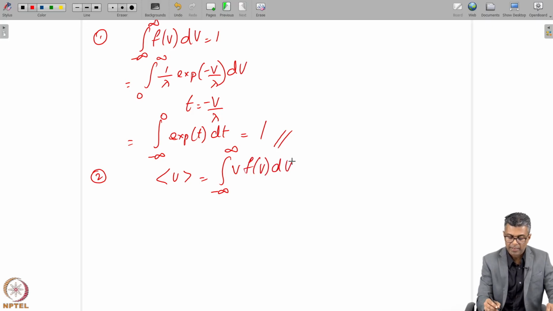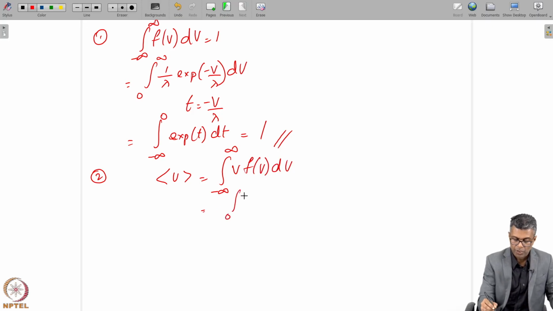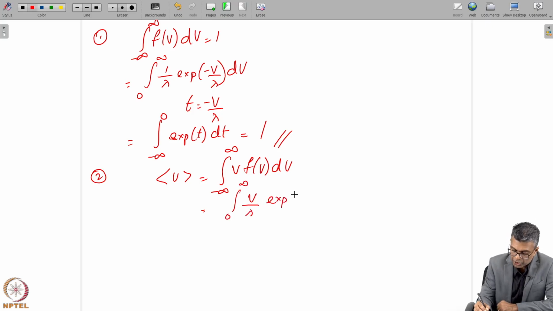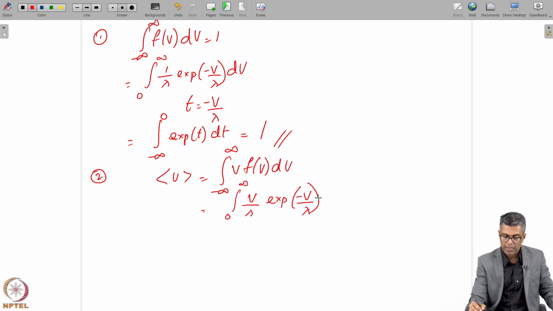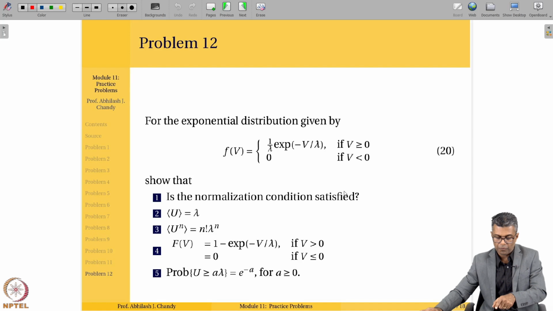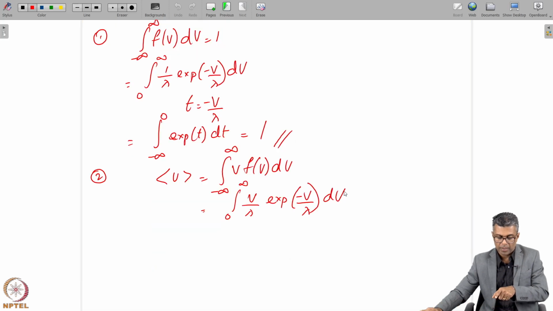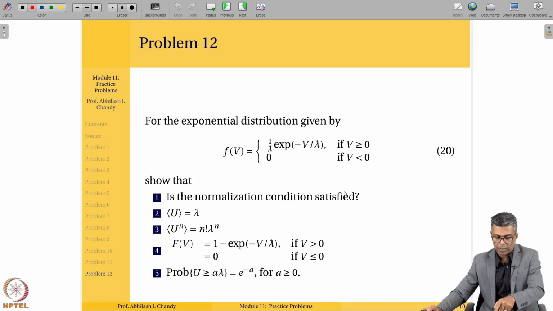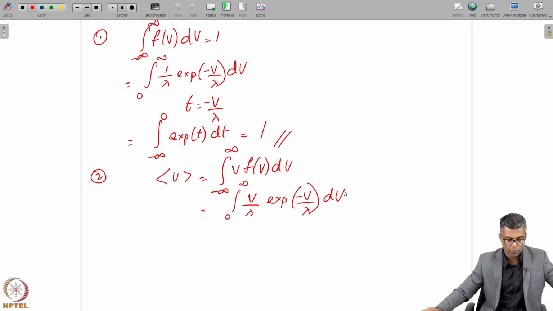So using that definition, what will I write? I will write it as 0 to infinity of v over lambda exponential minus v over lambda dv, because it is 1 over lambda.